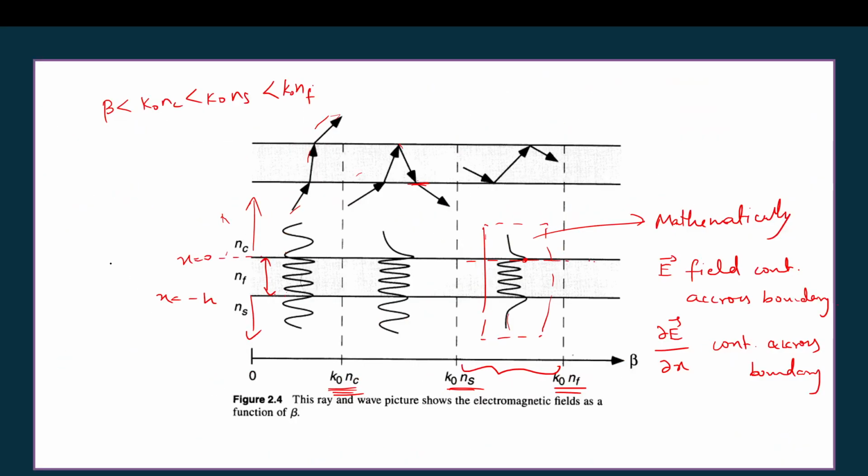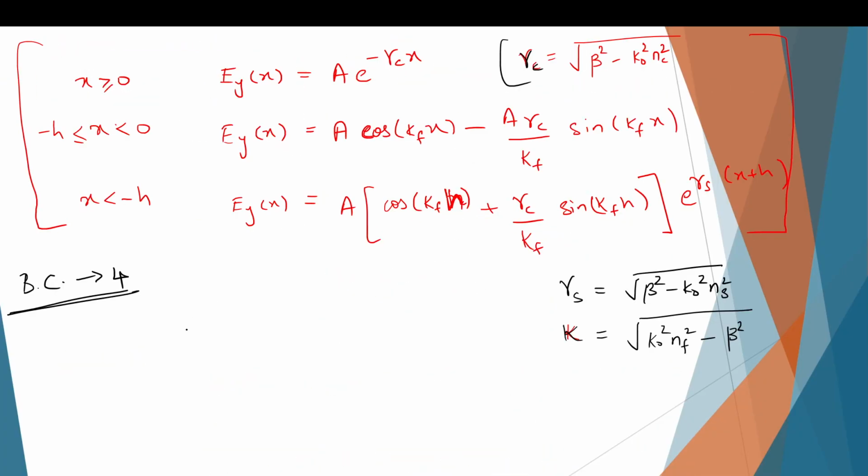So the boundary condition 4 was basically at x equal to minus h, the dE by dx at x equal to minus h should be continuous. Okay, fine. Let's do it.